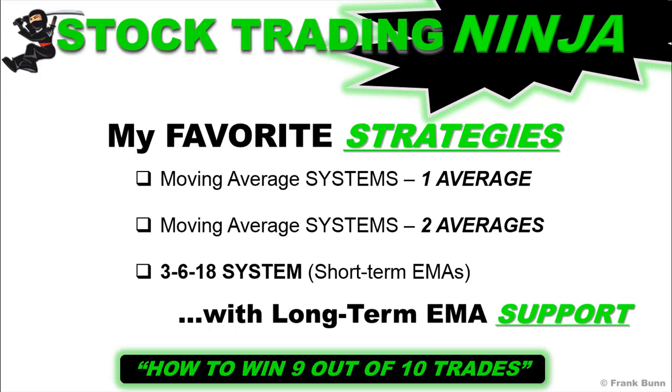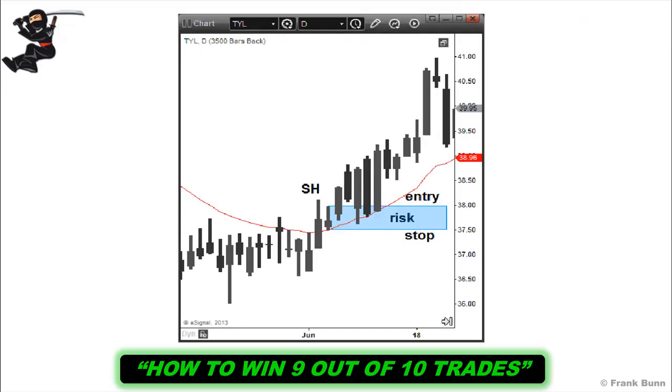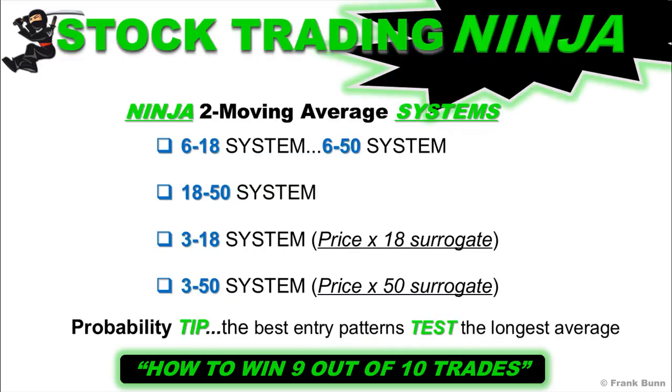From there, I consider the larger contextual risk of what the long-term trend is doing to select my trade management model. Here's just an example of a system that just uses an 18-period exponential moving average. I will use these to trade 18 breakouts into the primary trend or couple them with the 3-6 system I mentioned earlier.